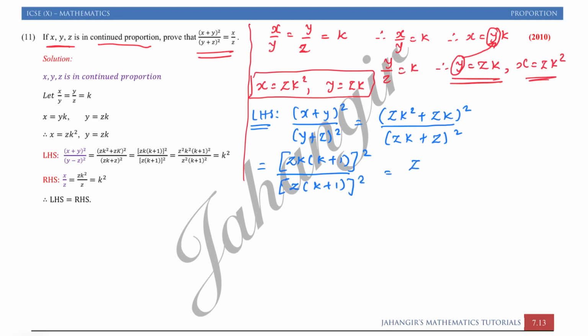Now we will get z square k square (k plus 1) square, just taking square with all terms. Here z square (k plus 1) square. So if you see, we can cancel these two terms and these two terms will get cancelled. So answer is only k square.